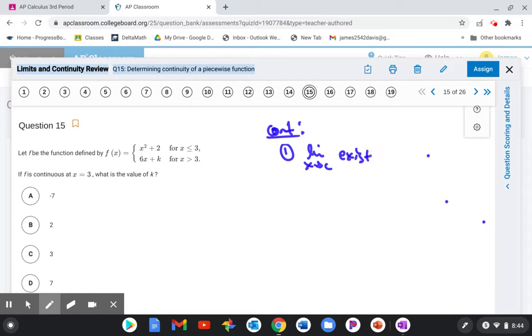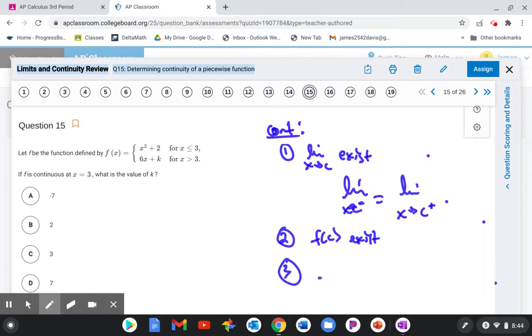And for that to be the case, the limit as x goes to c from the left equals the limit as x goes to c from the right. The second condition is that f of c exists, as defined. And the third condition is that the limit as x goes to c equals f of c. So those are our three conditions if it's going to be continuous.